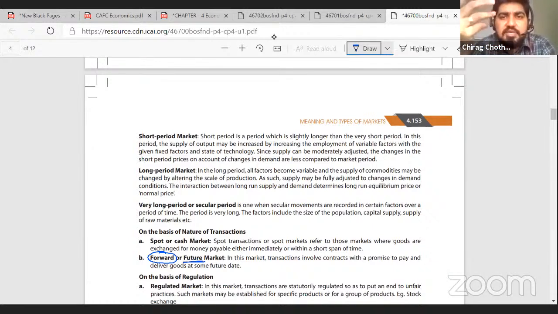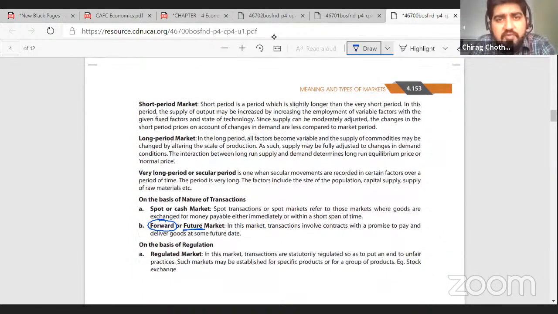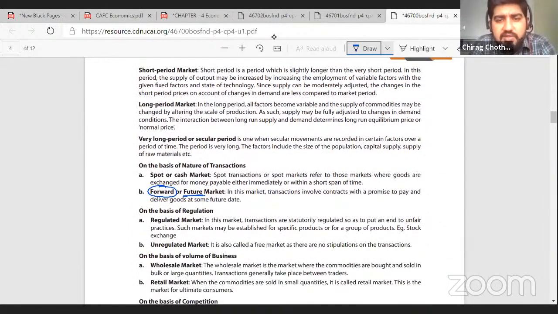Because we have SEBI, Securities Exchange Board of India. Insurance market is a regulated market because we have IRDA, Insurance Regulatory and Development Authority. Telecom market is a regulated market. Why? We have TRAI, Telecom Regulatory Authority of India. These are all regulated markets, right? So once they are regulated by a particular entity, it is called a regulated market.